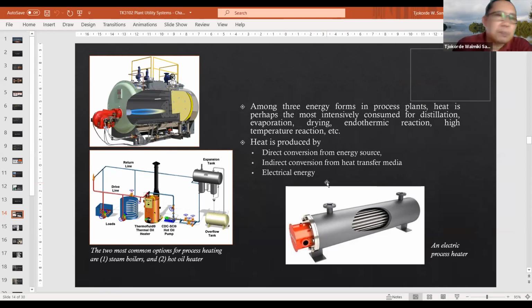It's between asphalt and molasses, so it's very thick and doesn't flow easily at room temperature. So before it can be burned in a burner, it has to be preheated in order to make it flow through the piping and into the burner. To heat up the fuel inside the tank, people usually use electric heaters like this.